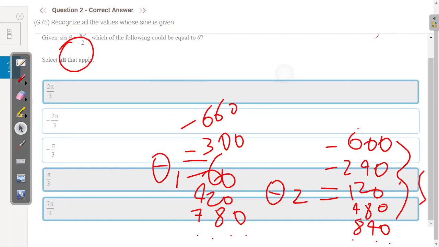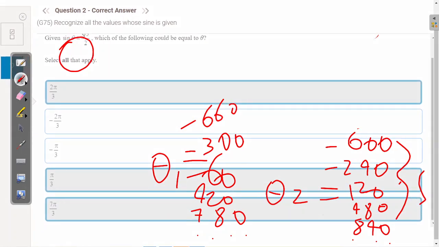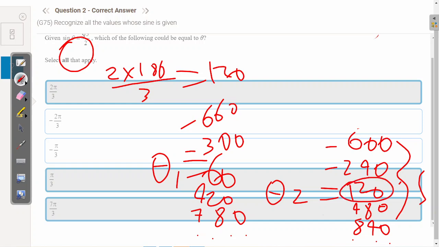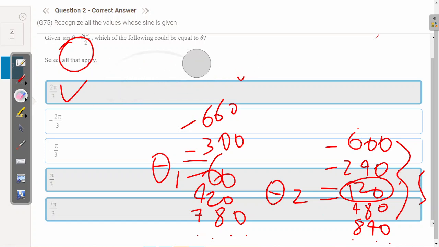So now you look at these answers in radians, so you convert them to degrees. So 2 times 180 over 3. You can just substitute pi with 180 to get the number in degrees. It's much faster. So 180 over 3 simplifies to 60. So 60 times 2 is 120. We have it here, 120, so correct. Negative 2 pi over 3 is negative 120.